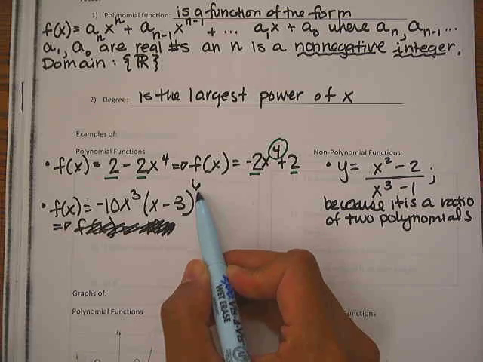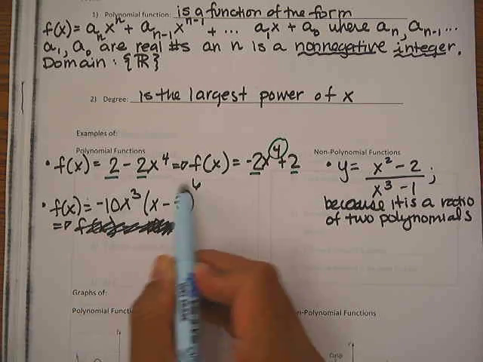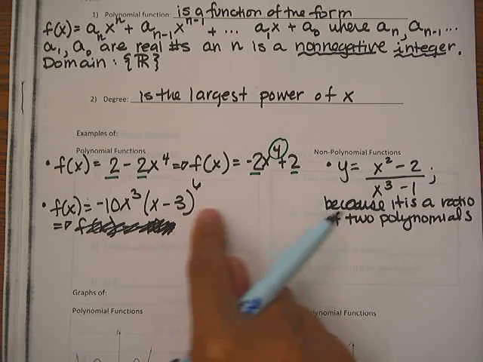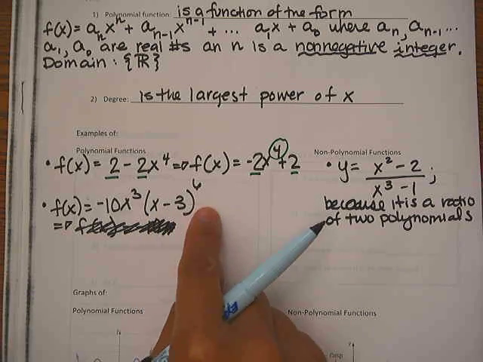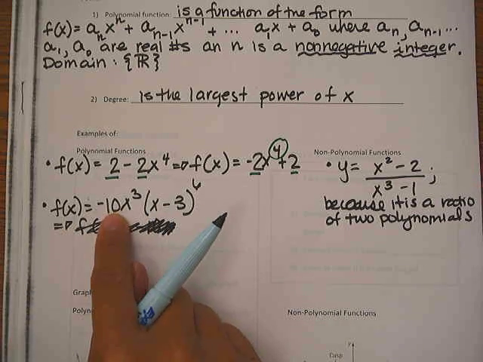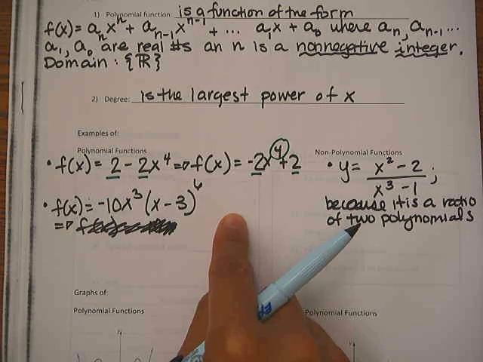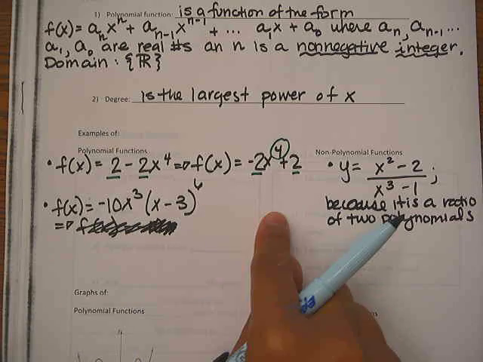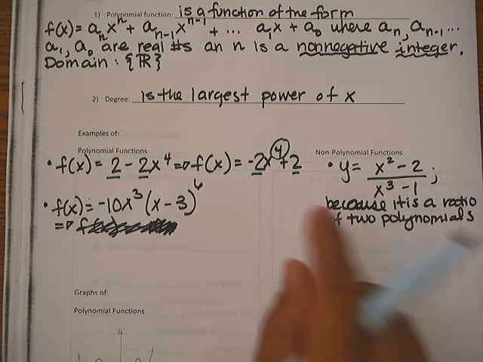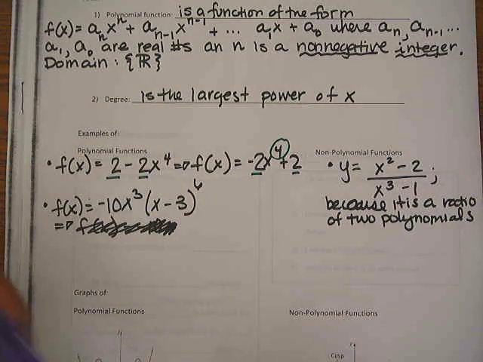But if I were to FOIL this out, I will have 7 terms, okay? And distribute by negative 10x to the third. So technically, I will have a polynomial with 7 terms total. And, you know what, let's look at the degree as well.